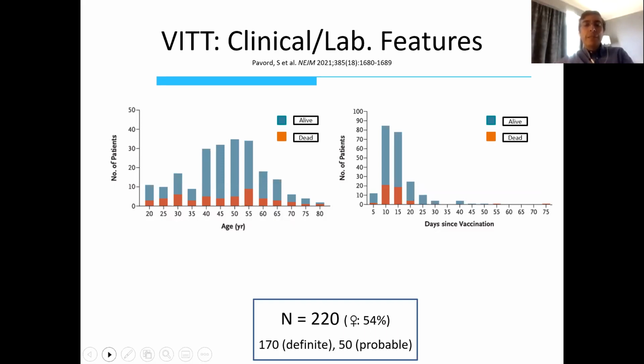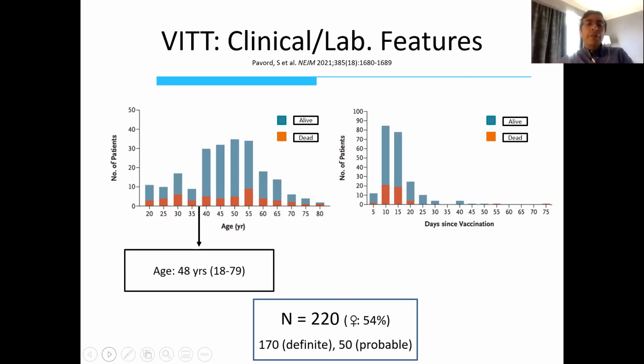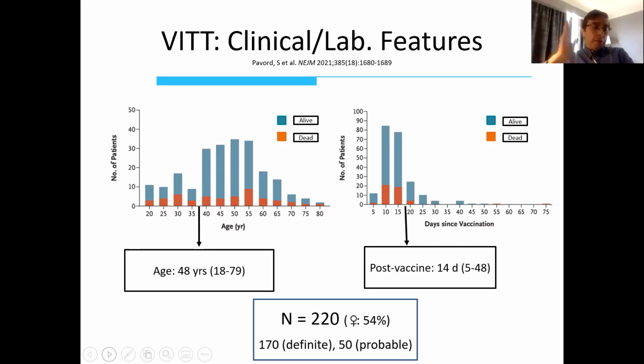Next slide, please. To be more objective, the median age of those 220 patients would be 48 years, with the interquartile range shown between 18 and 79. And next slide, please. We have the median time after vaccination, spot on at 14 days, ranging between 5 and 48 days.